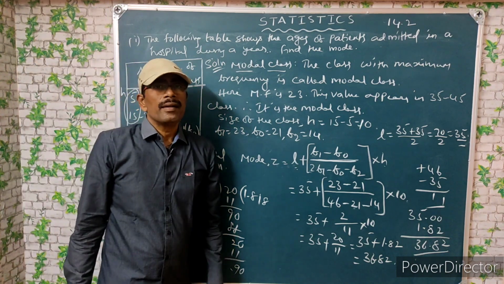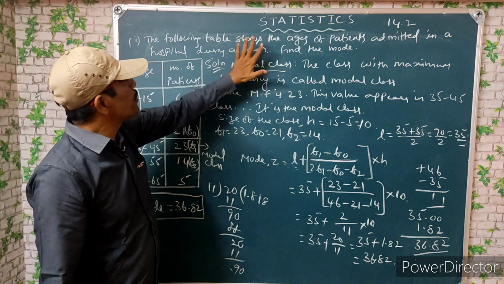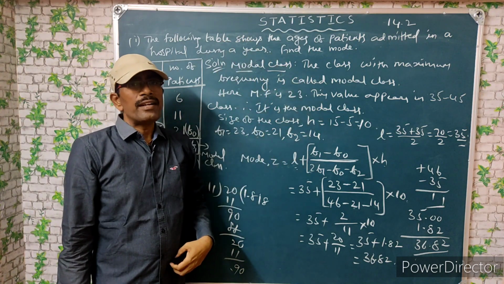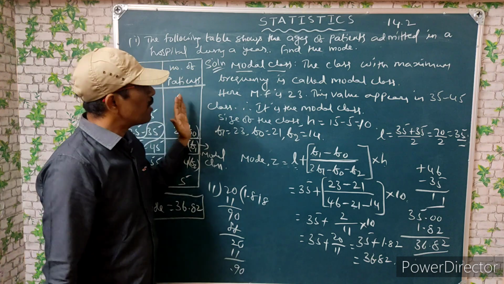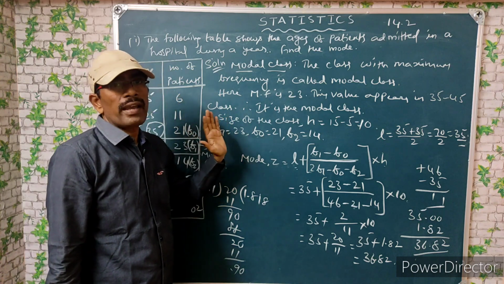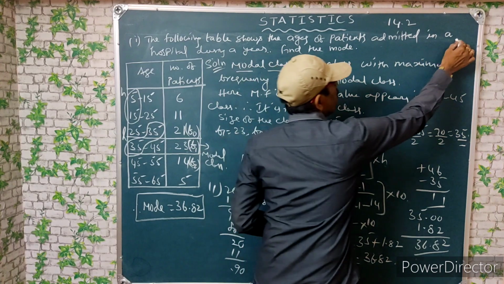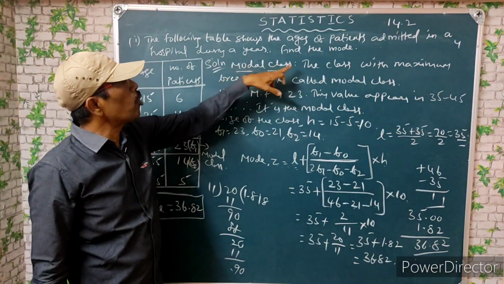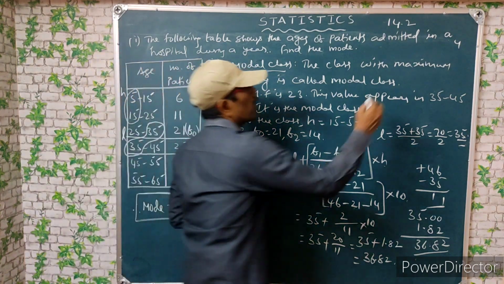From this problem, you have learned for 8 marks. Why 8 marks? This question itself will be given for 4 marks. Next, what is modal class? It is for 1 mark.